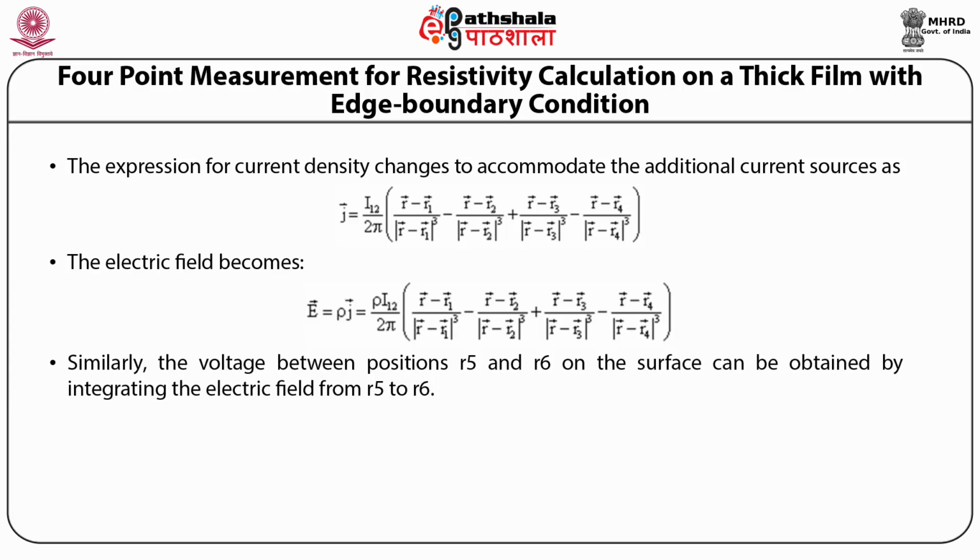Similarly, the voltage between positions r5 and r6 on the surface can be obtained by integrating the electric field from r5 to r6.